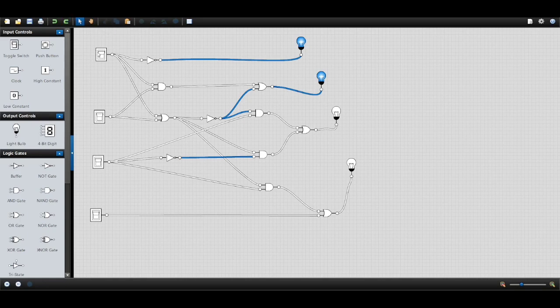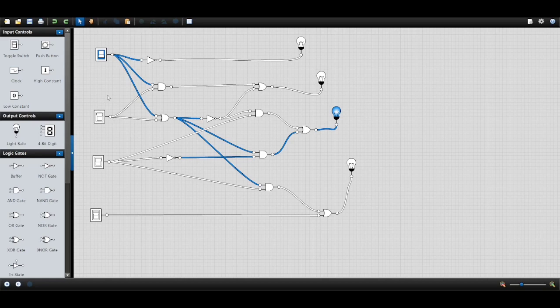What if D is 1 and the remaining inputs are 0? The output will be X equal to 1 and the remaining outputs are 0. What if C is 1 and D is 0? The output will be X and Z, that is X and Z equal to 1 and the remaining two outputs will be 0.